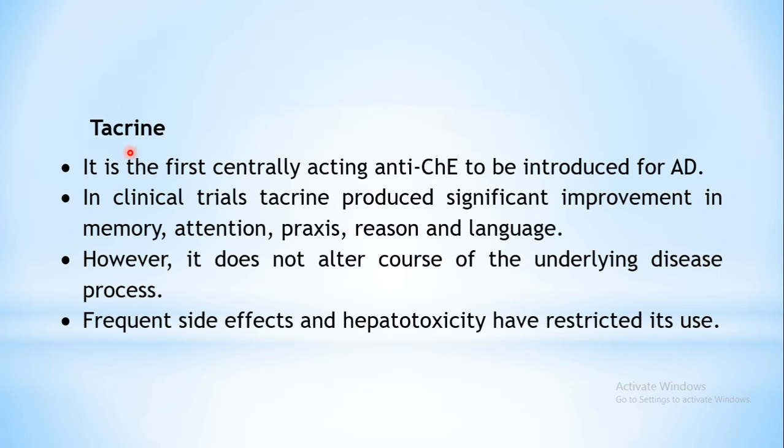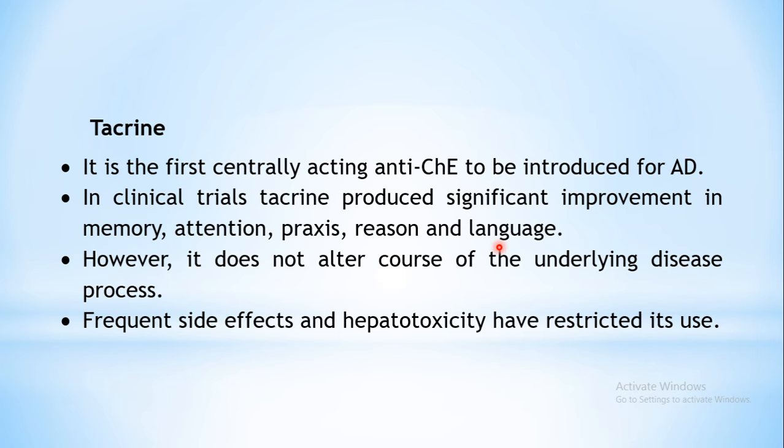Coming to the individual drugs, tacrine was the first centrally acting anticholinesterase introduced for the treatment of Alzheimer's disease. It showed improvement in several modalities which were getting affected: memory improved, attention span improved, praxis, meaning the performance of skillful motor functions, reasoning, and language. So all these symptoms which were precipitated in Alzheimer's disease were improved.